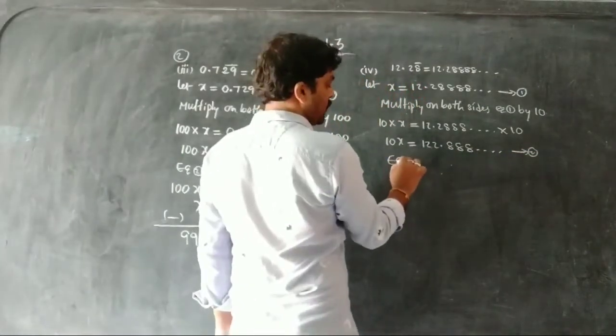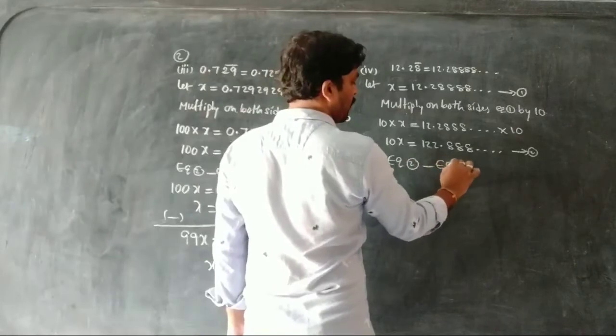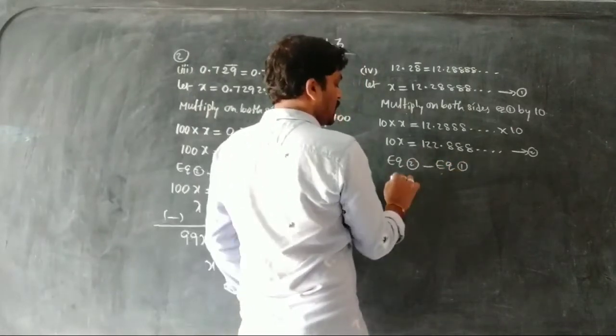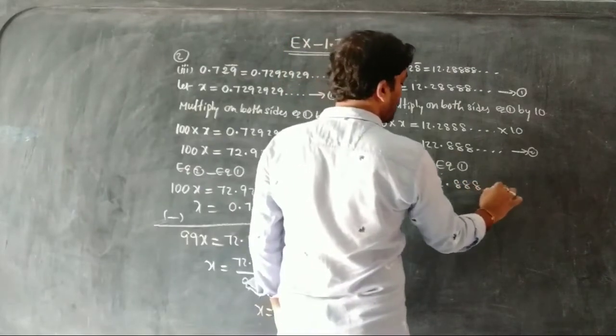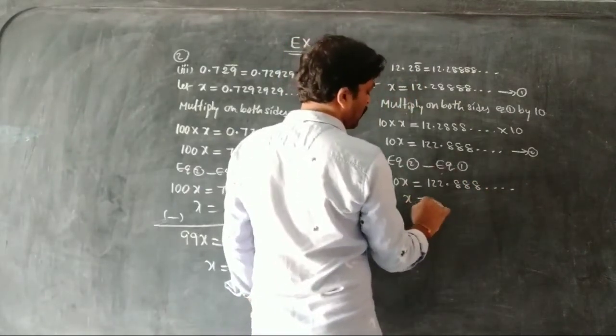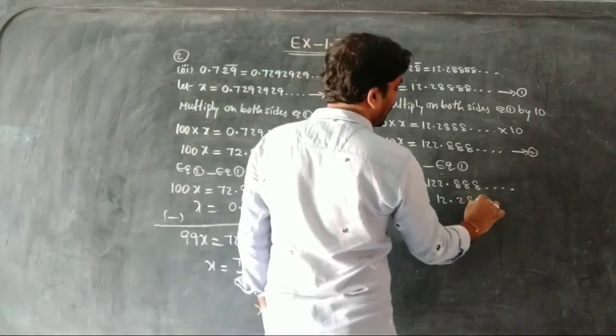Now equation number 2 minus equation number 1. That is 10x is equal to 122.888 and so on. x is equal to 12.288 and so on.